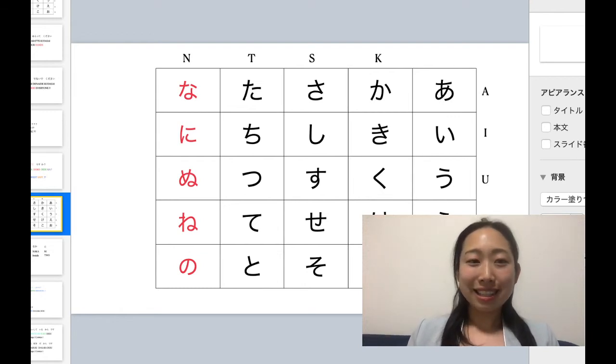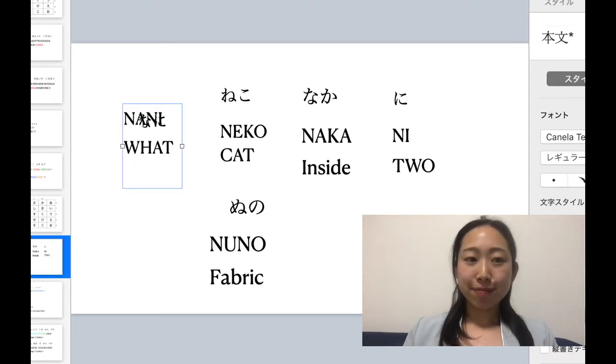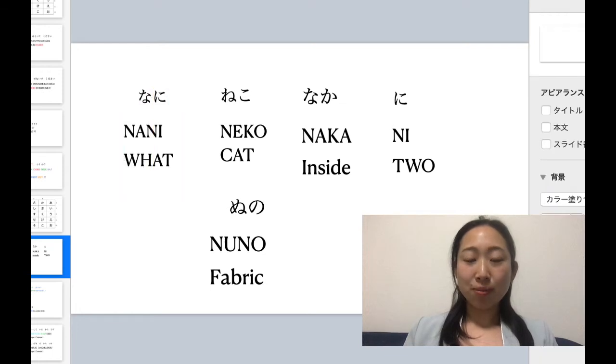Na, ni, nu, ne, no. Okay? And then we talked about some words using na words like nani, neko, cat, naka, inside, and ni, to, and nuno, fabric.